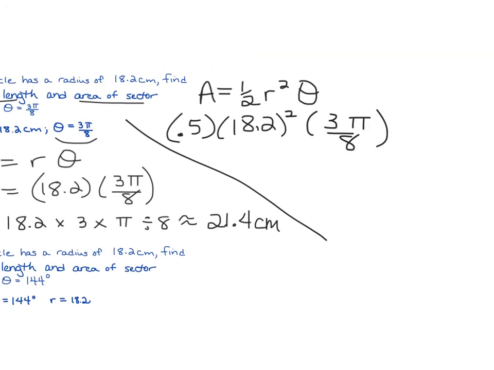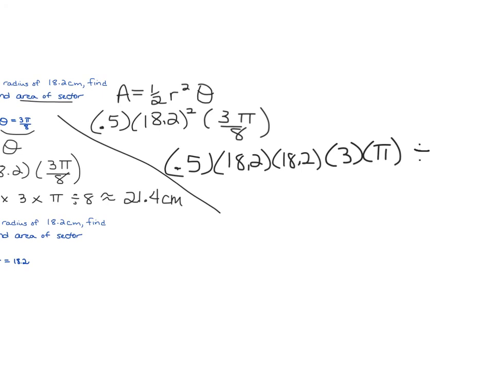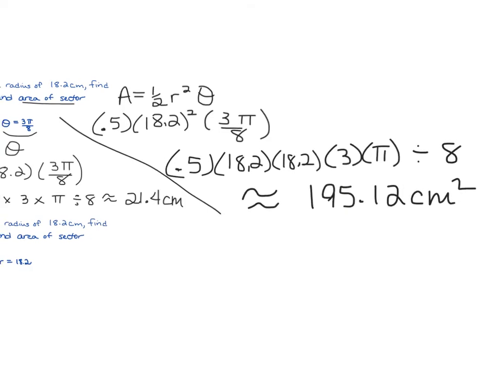So in my calculator, I'm going to do 0.5 times 18.2 times 18.2 times 3 times pi divided by 8. Once I key all that in my calculator, I get approximately 195.12 centimeters squared.